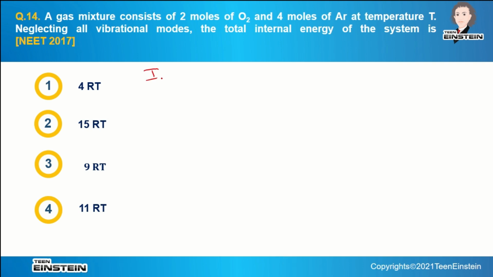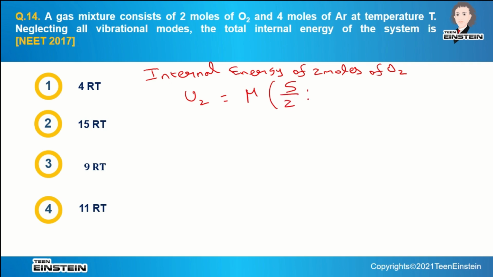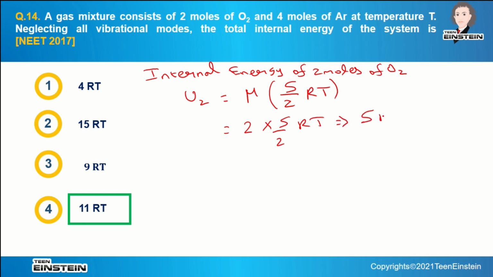The internal energy of 2 moles of oxygen is given by U is equal to mu into 5 by 2 RT. Here mu is 2, so it will be 2 into 5 by 2 RT, which is equivalent to 5 RT.